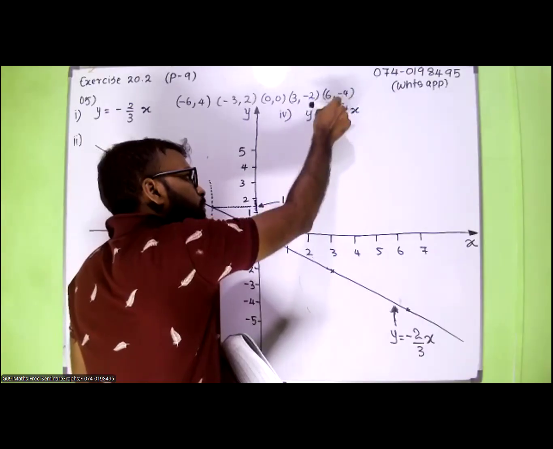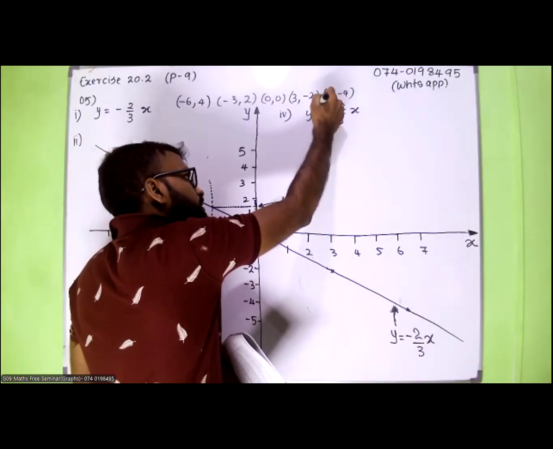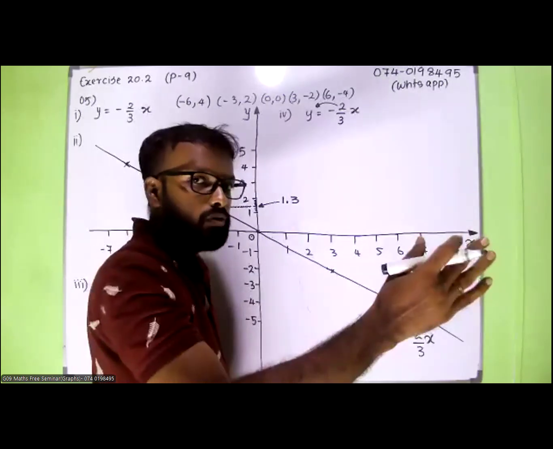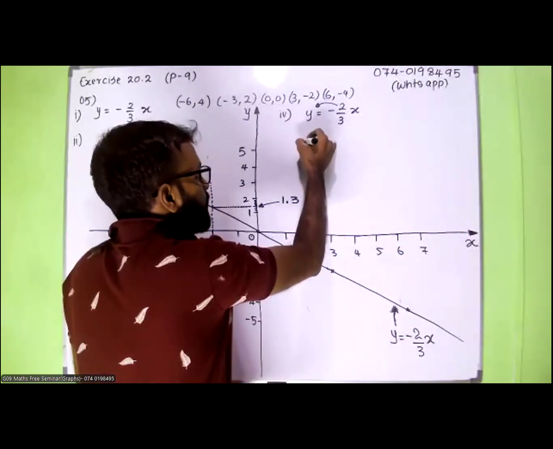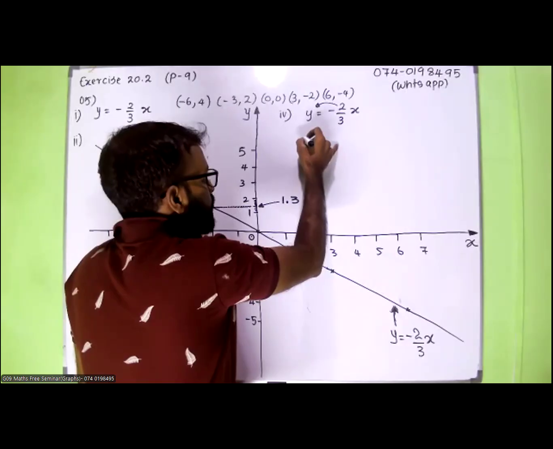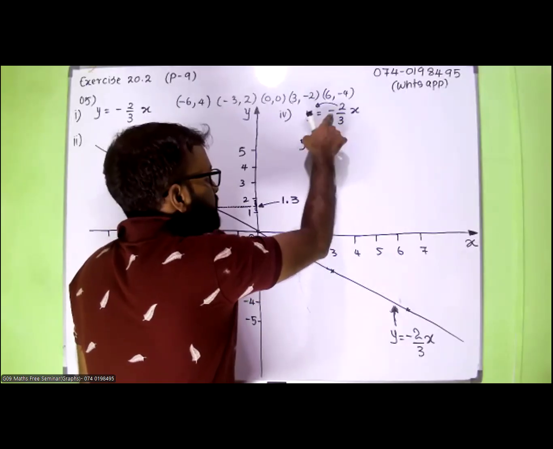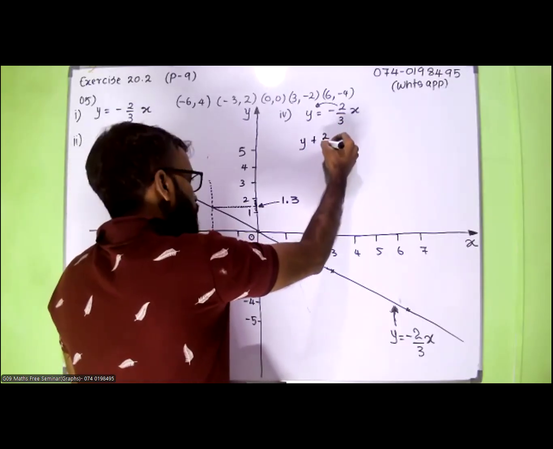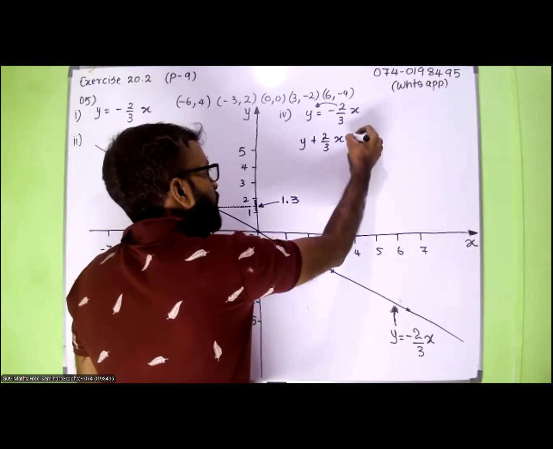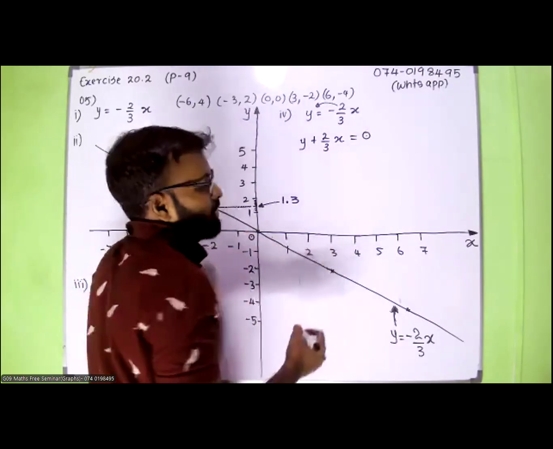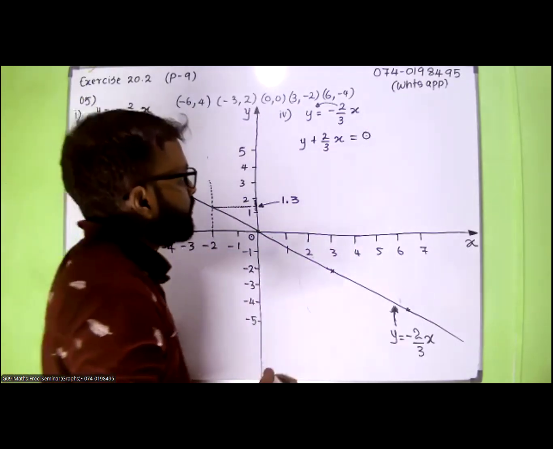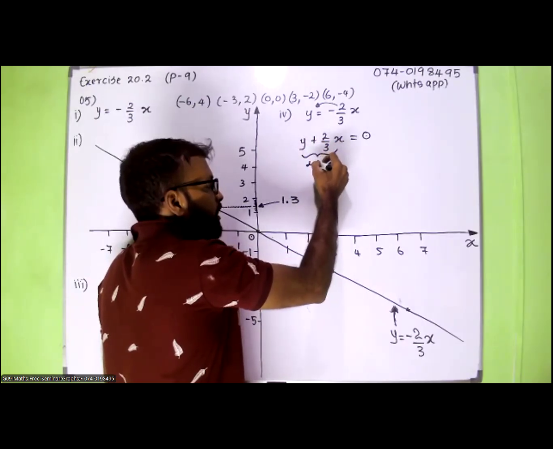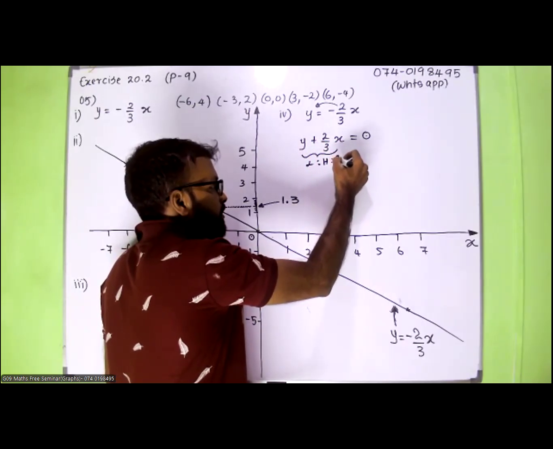So minus 2 upon 3x, you are going to take this term to your left hand side, so that your right hand side equals 0. That is the first form. So here y, this is minus, when it comes to the other side, it becomes positive. Positive 2 upon 3x equals 0. Then I will take this as my LHS, left hand side.